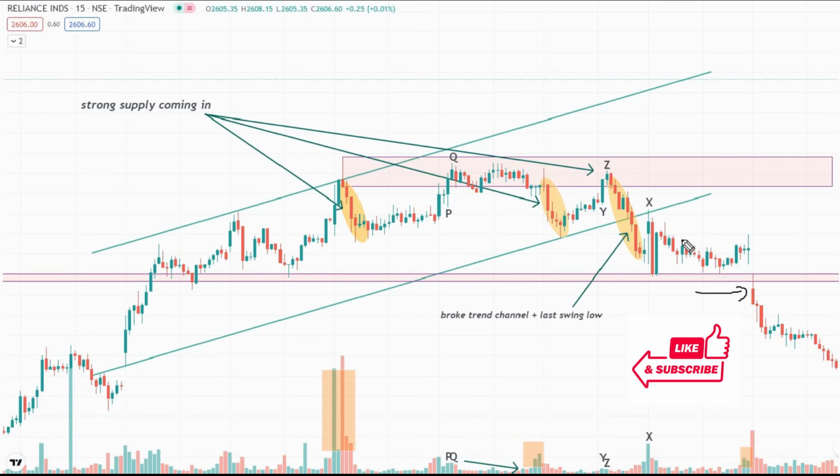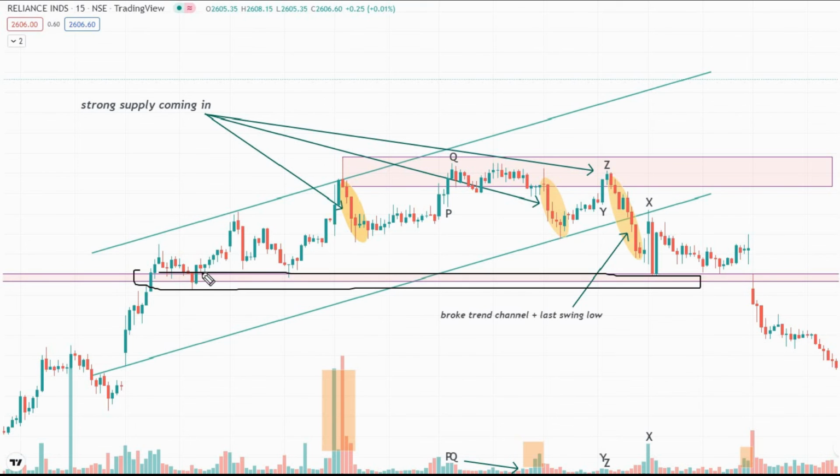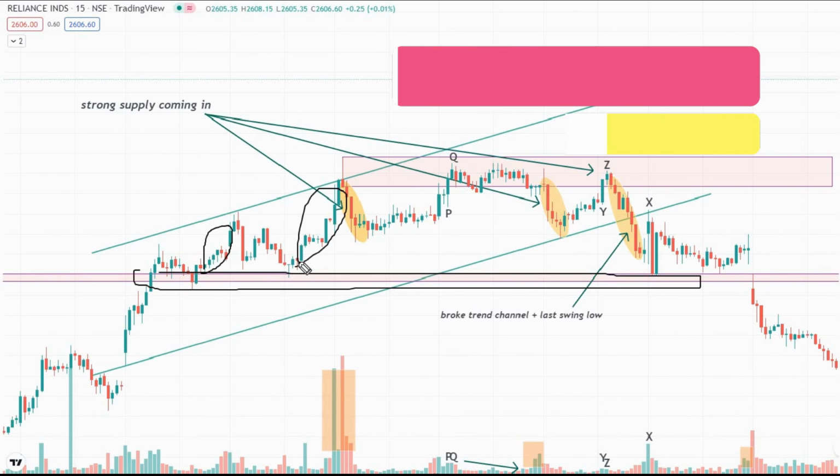Why? Because see, after the strong selling momentum, prices were consolidating. Remember, earlier from these levels we saw a strong buying momentum, but now what happened?